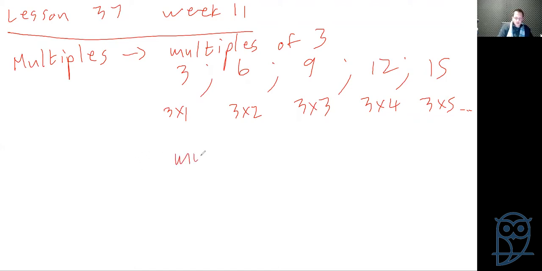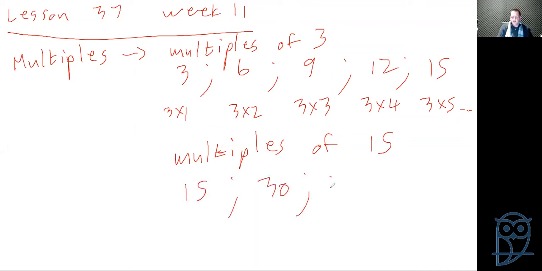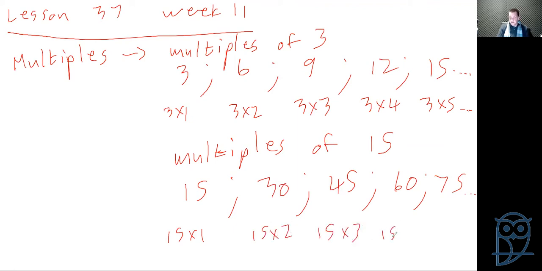So if I do one more example, so multiples of, and it can be anything, let's go 15. Multiples of 15 would be 15, 30, 45, 60, 75, etc., etc., etc. And this is 15 times 1, 15 times 2, 15 times 3, 15 times 4, 15 times 5, etc., etc. So you're just adding on the value that you are taking the multiple of each time.